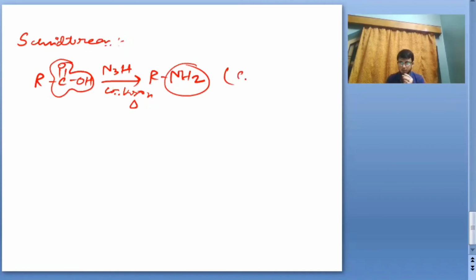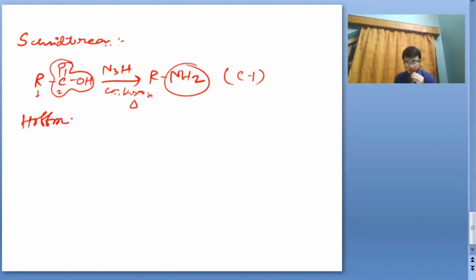So it is a C-1 reaction, because you can see here 2 carbon is present, but here as you can see that in place of this COOH, NH2 group is coming, so it is obviously a C-1 reaction.